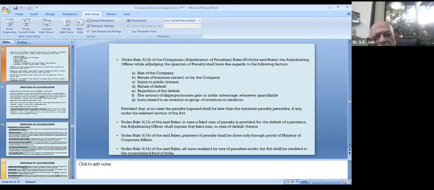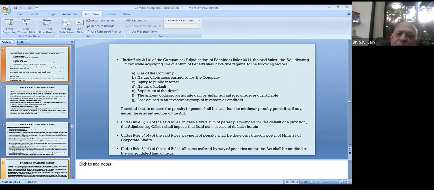He has to consider all these factors, but he also has to see the proviso that in no case shall the penalty imposed be less than the minimum penalty prescribed, if any, under the relevant section of the Act.